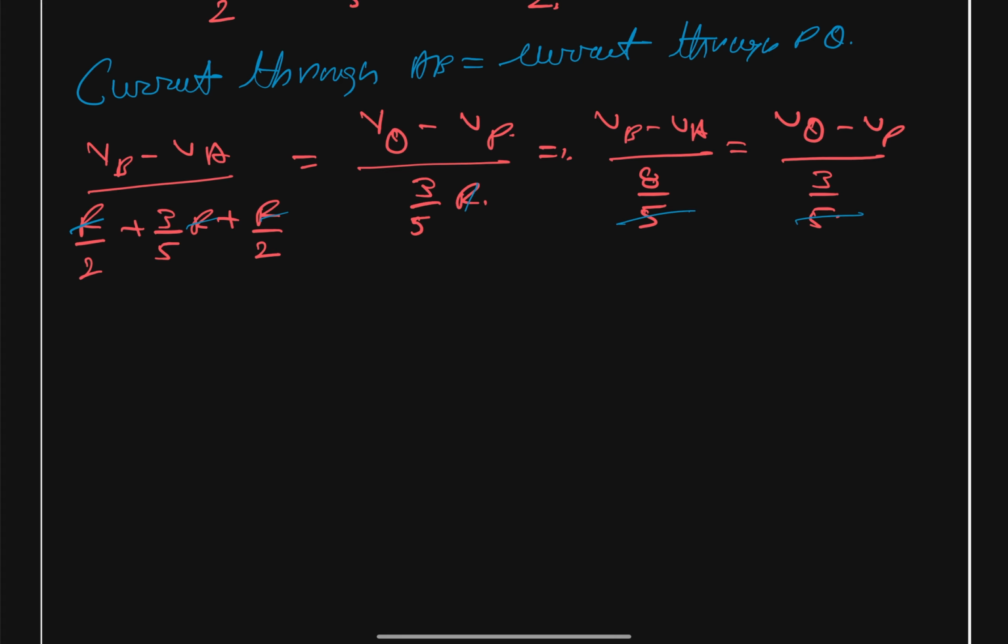Because we know that the current flows because of the potential difference, and heat is going to flow because of the temperature difference.